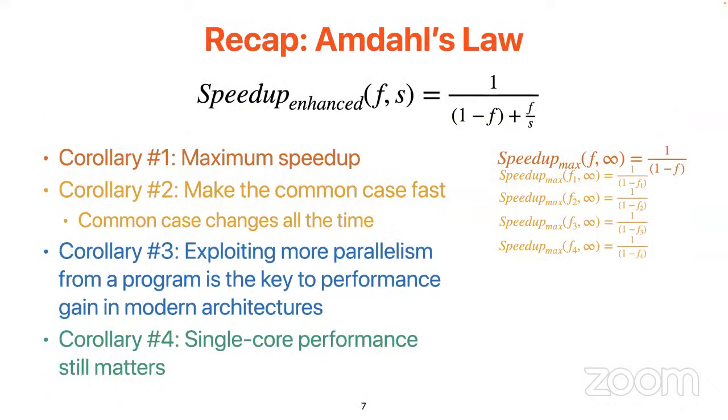But one thing we love about MDOS is that it really gives us a lot of fruits in looking at some of the insights in performance optimization. For example, if you assume the speed up is unlimited, you can see what's the maximum speed up that I can get.